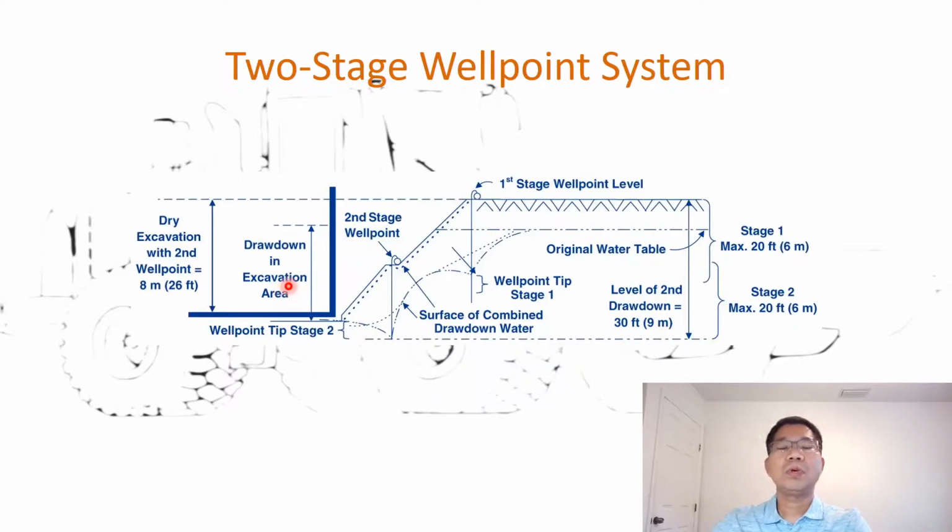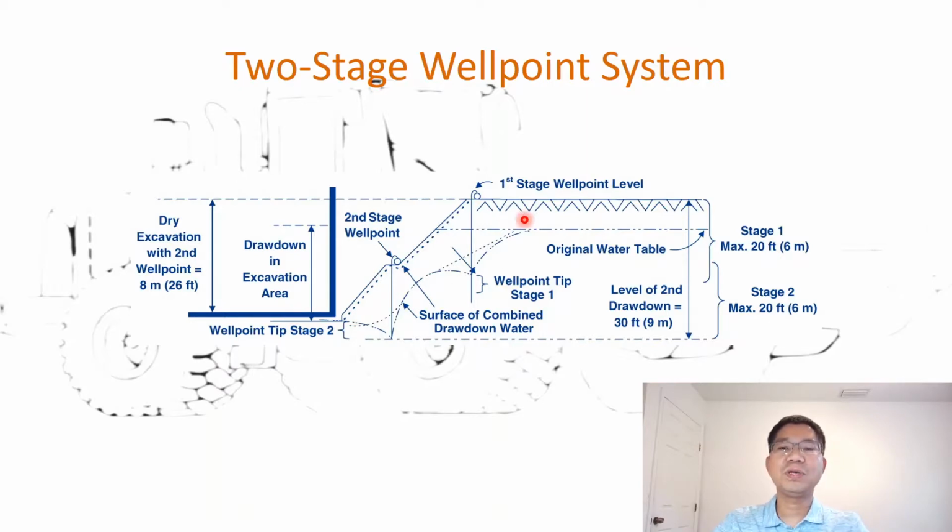If the excavation is even deeper, we may use a two-stage well point system or even a three-stage system. In this case, you have the original water table here. If we have only one well point, then the water table cannot go down to the bottom of the excavation that we want.